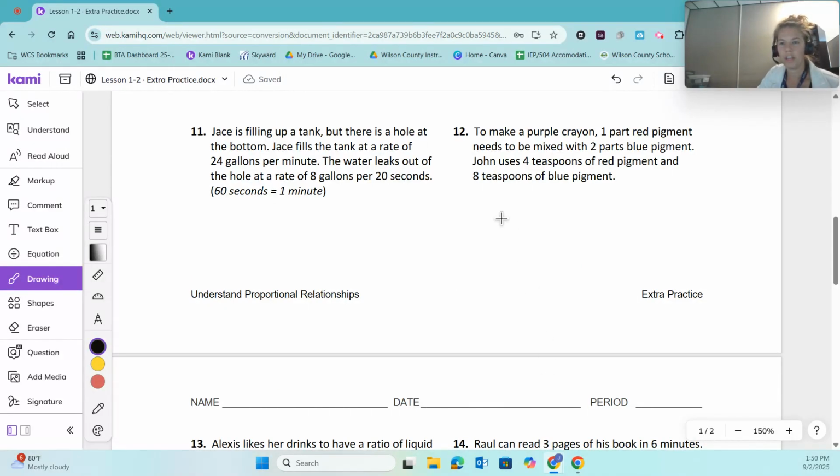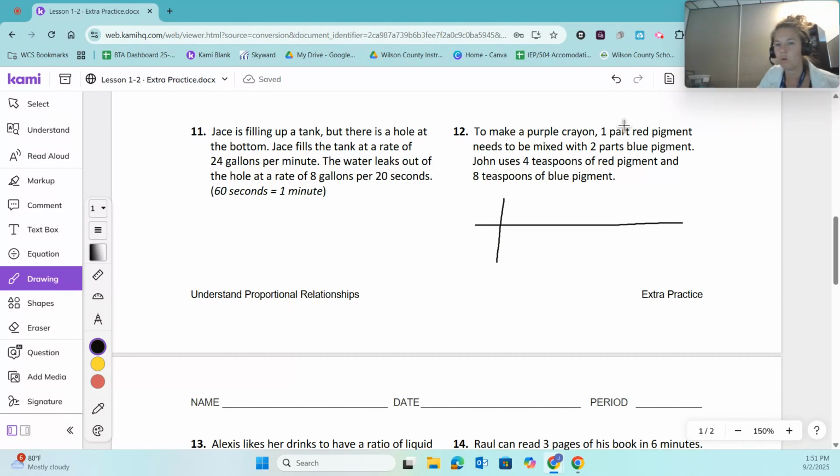One other way that you can compare things and determine if they're proportional is by using a table. Okay, and this one says, to make a purple crayon, 1 part red pigment needs to be mixed with 2 parts blue pigment. John uses 4 teaspoons of red pigment and 8 teaspoons of blue pigment.